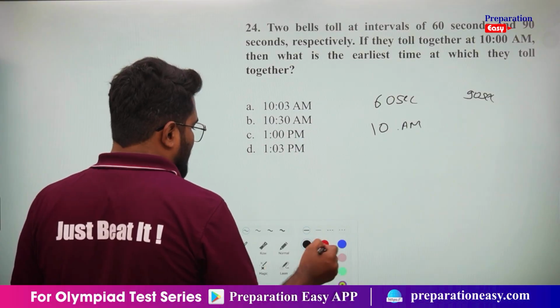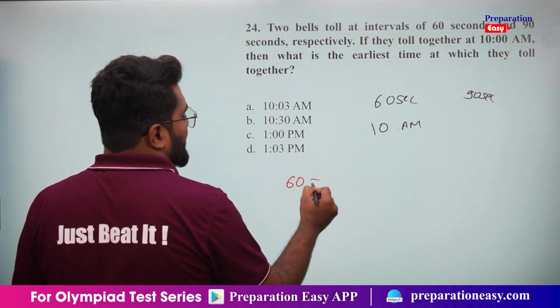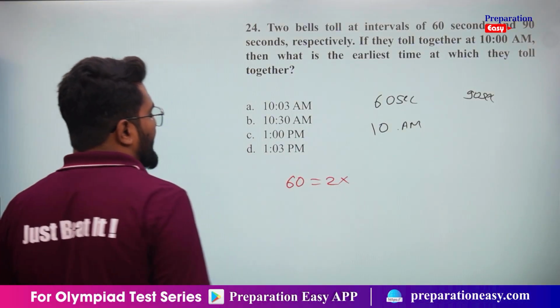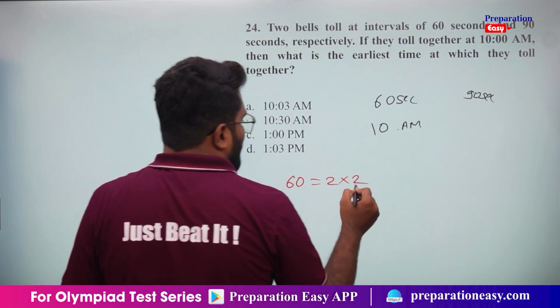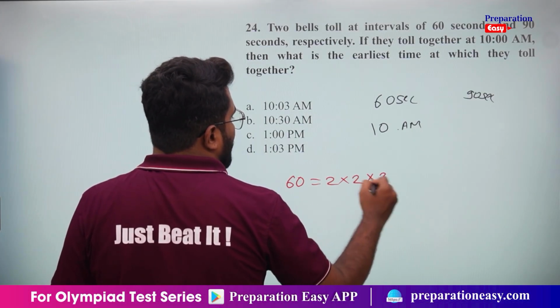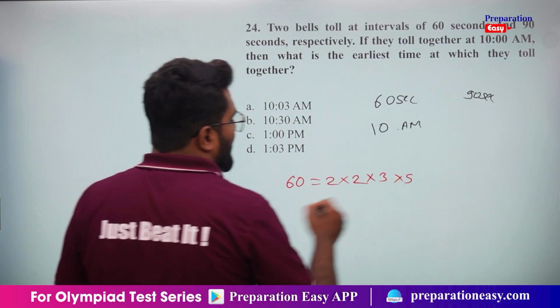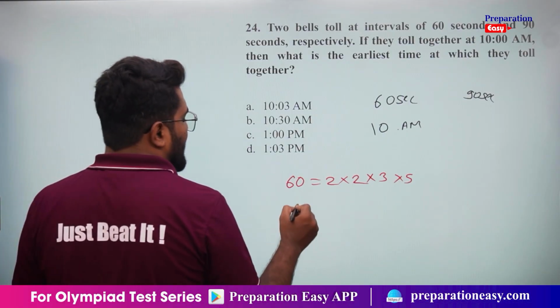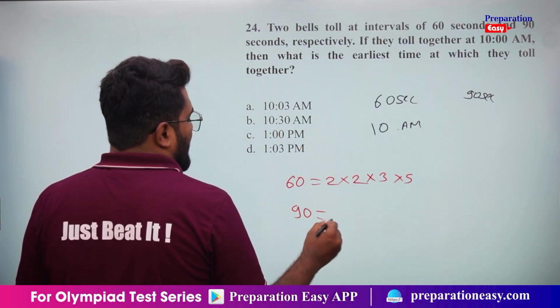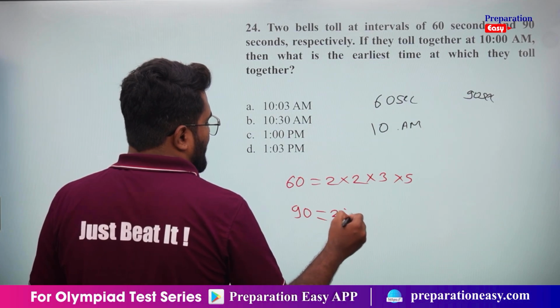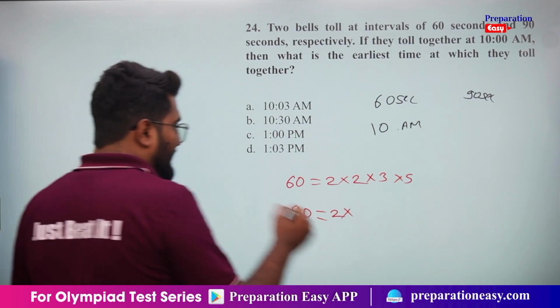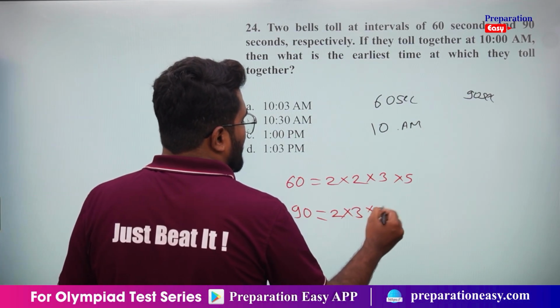What are the numbers? First number is 60. 60 can be written as 2 multiplied by 2, that is 4, multiplied by 3, 12, multiplied by 5, 60. Then next is 90. 90 can be written as 2 multiplied by 3 multiplied by 3 multiplied by 5.